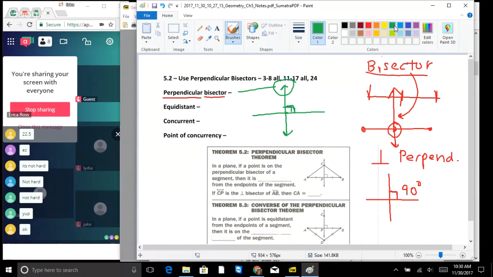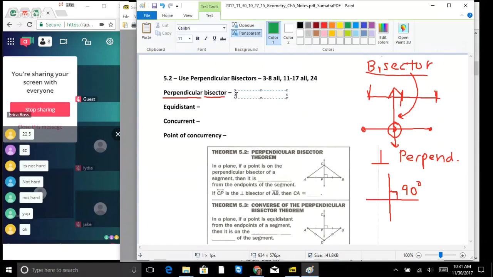All right, if you would like the words for that, type them on here. So a perpendicular bisector is a segment, ray, line, or plane that is perpendicular to a segment at its midpoint.